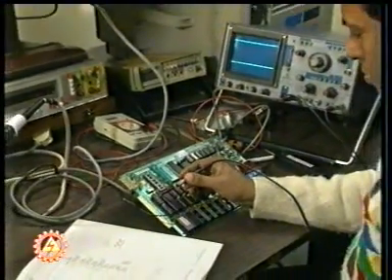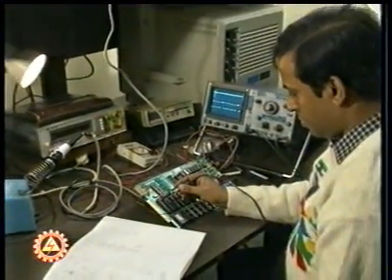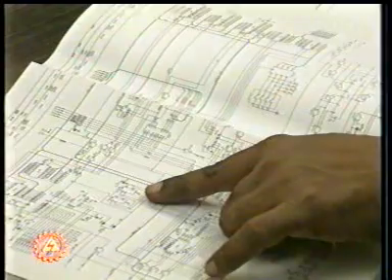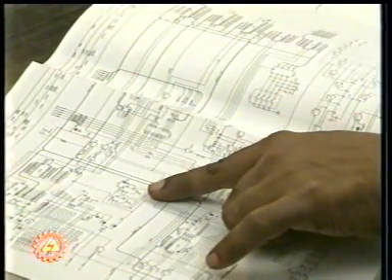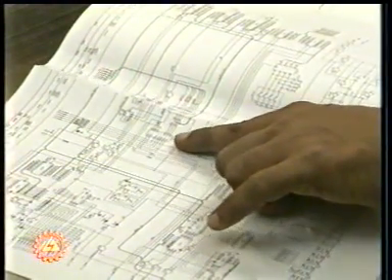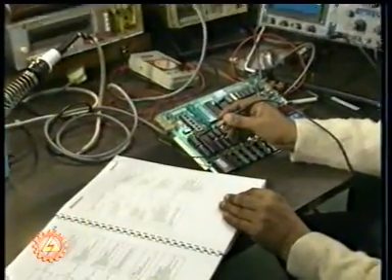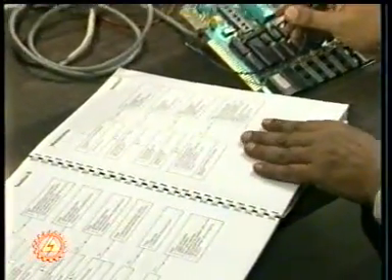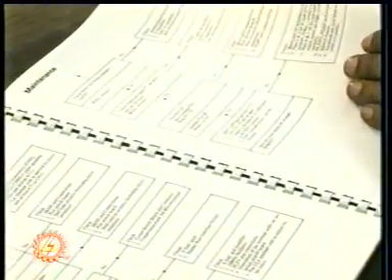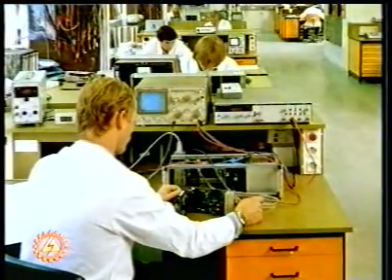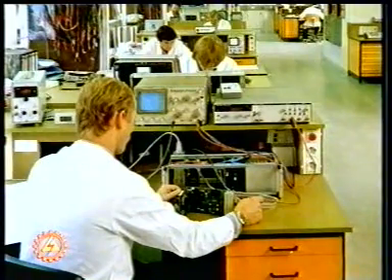Component level troubleshooting requires time, special skill, tools and test fixtures, and service information in the form of circuit diagrams, fault-finding flowcharts, etc. This method, though ideally suitable for factory or large service centers, is seldom used in the field.